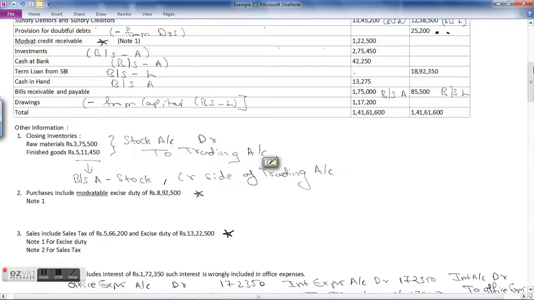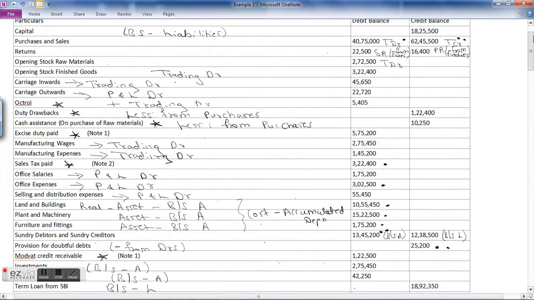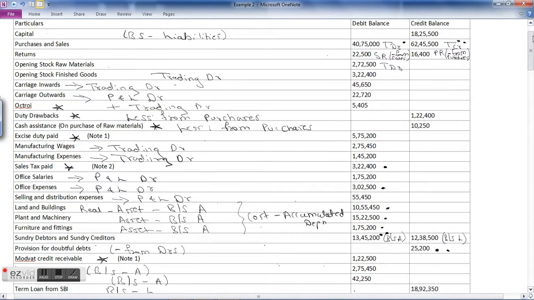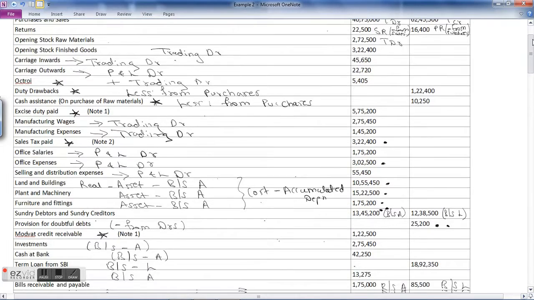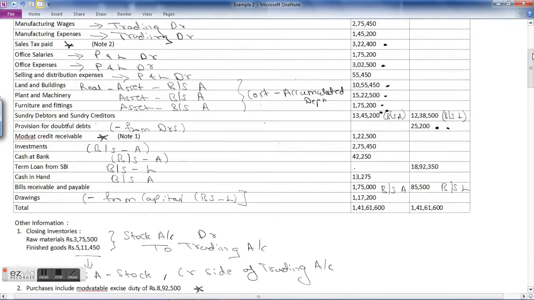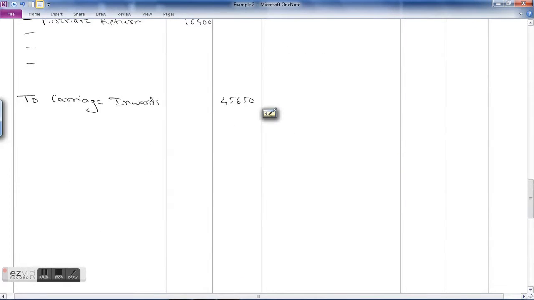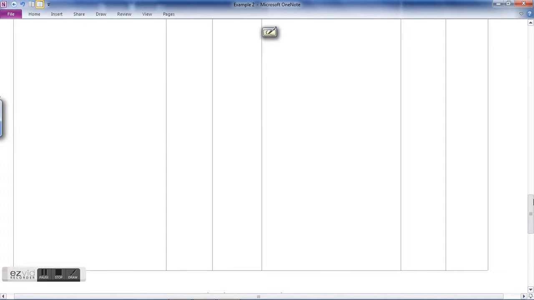Next is carriage outward 22,720. Carriage outward will come in profit and loss account debit side. So after the trading account, we have prepared a combined trading and profit and loss account.